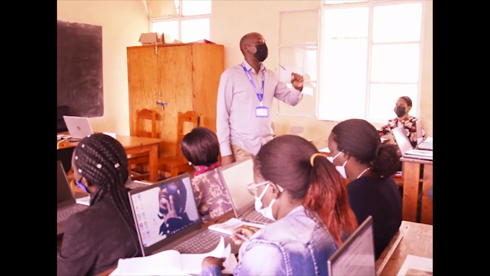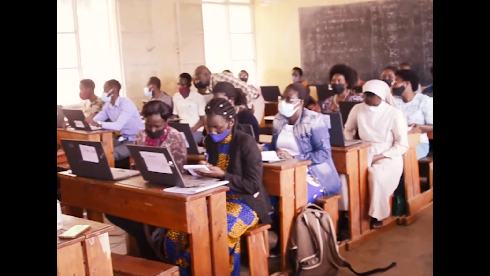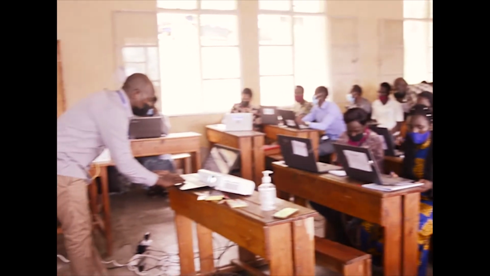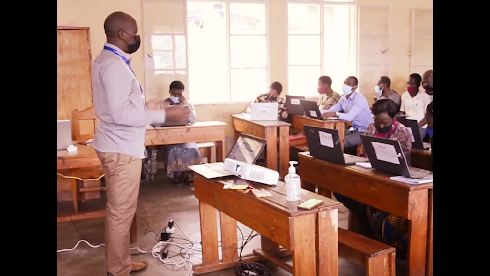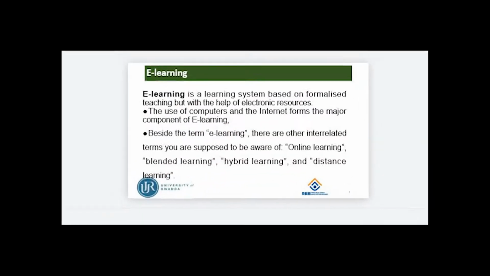As explained by the facilitator, e-learning is a system based on formalized teaching, but with the help of electronic resources. While teaching can be based in or out of classrooms, the use of computers and the internet forms the major component of e-learning.